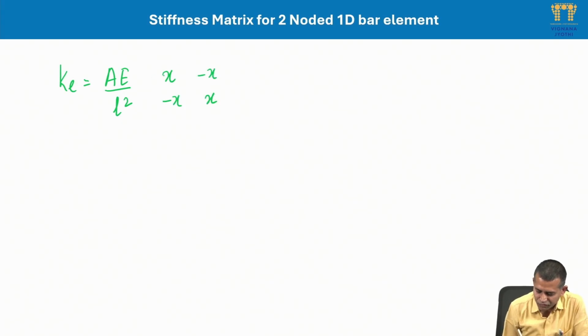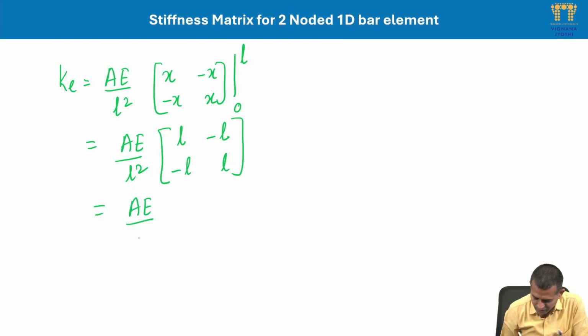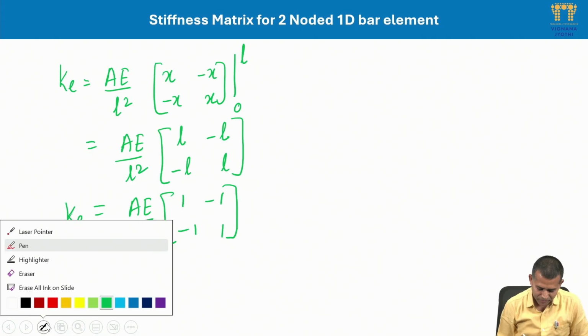You will have these 4 terms, evaluated over the limits 0 to L. So if you put in the limits, 0 gives nothing, so I'll have L, minus L, minus L, L. If you take L out, then I'll get AE by L times the matrix 1 minus 1, minus 1 1, equals Ke.